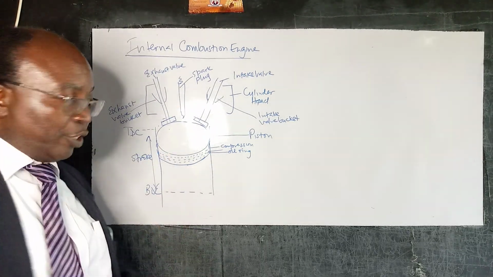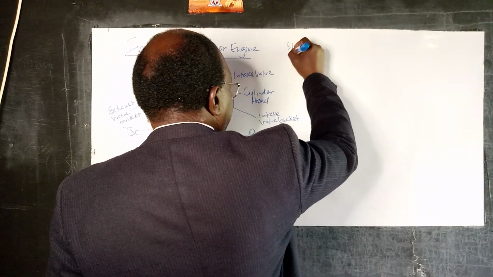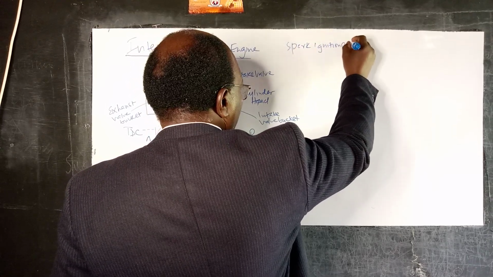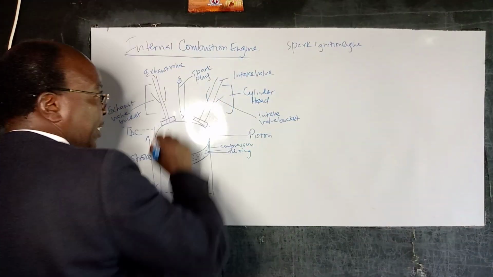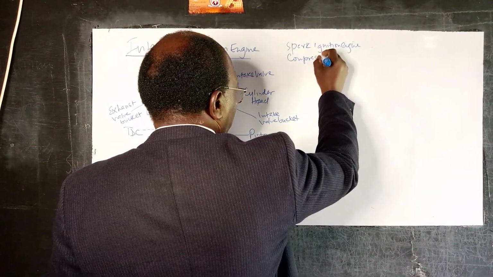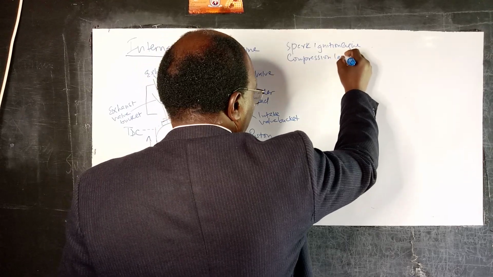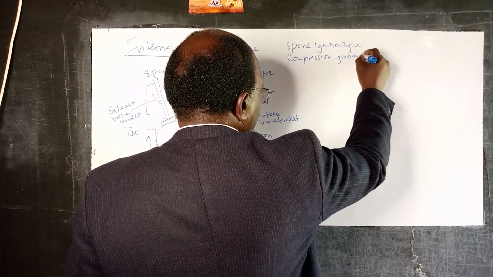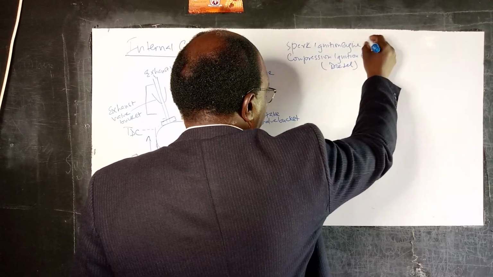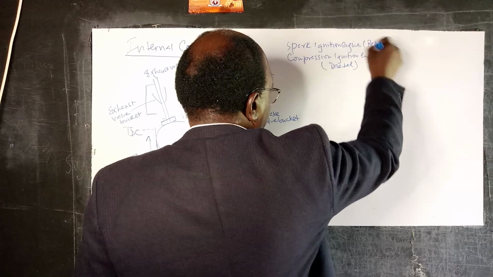That's called compression ignition. So we have talked about the spark ignition engine, like I've indicated with the spark there, or we can have the compression ignition engine. This is typical of diesel vehicles. These are petrol engines.